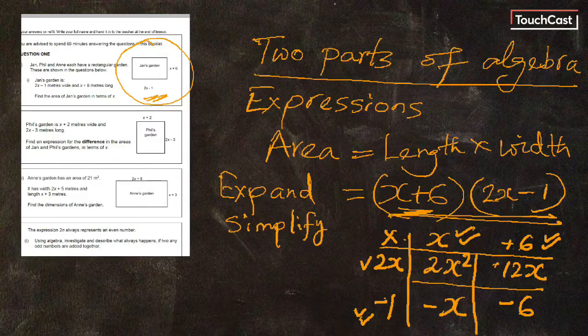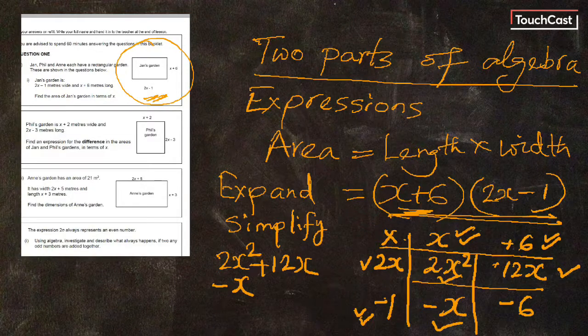Now let's look at all the terms. We have 2x squared. We have 12x, which is a positive 12x, and we have negative x and negative 6.